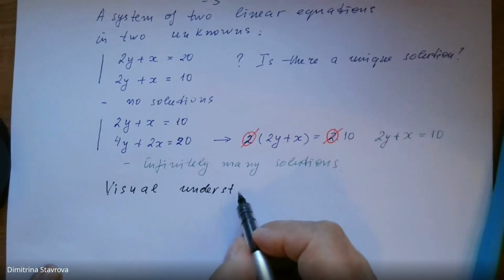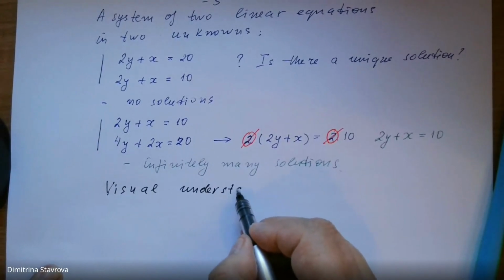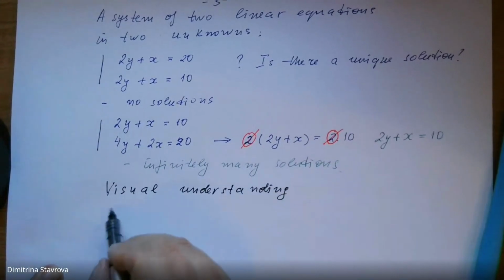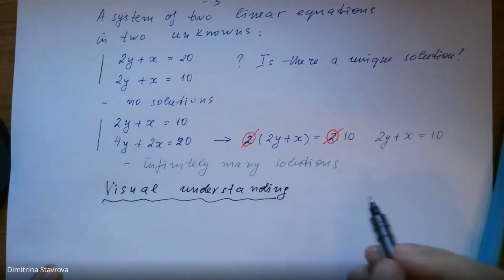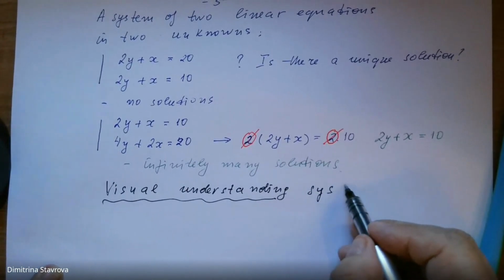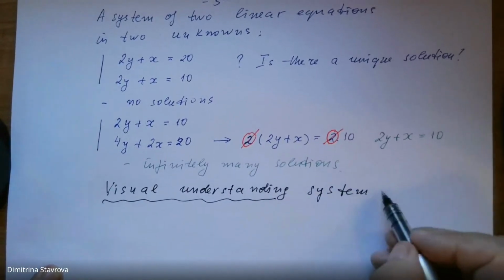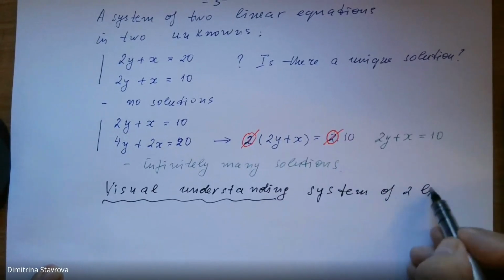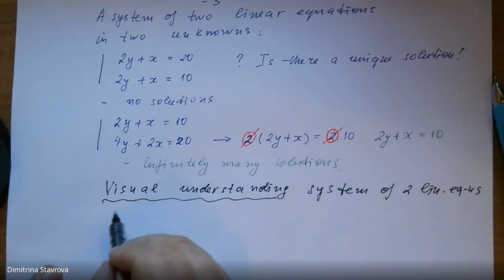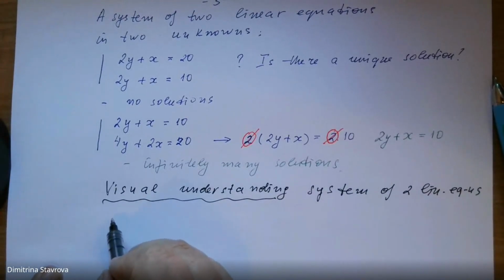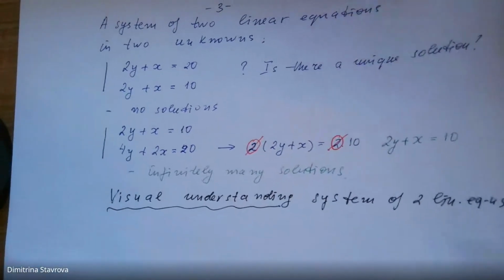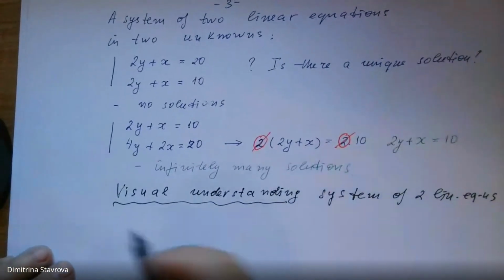How can we interpret a system of linear equations, or how can we visualize them, and how can we investigate the number of solutions?